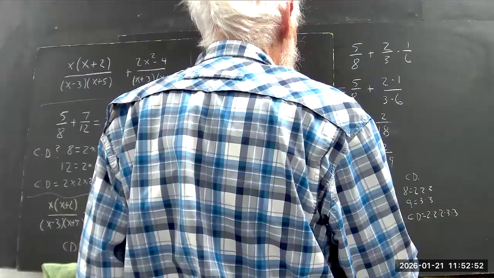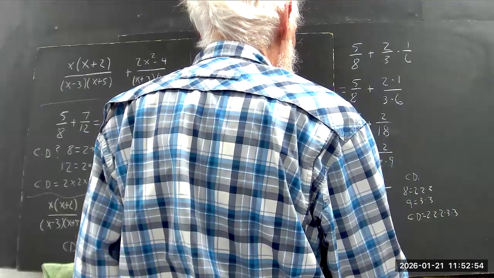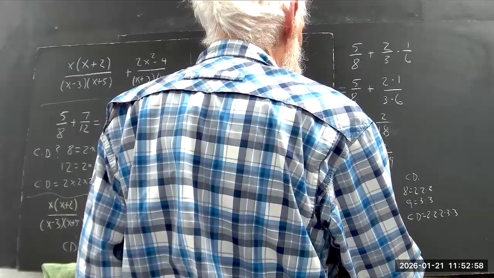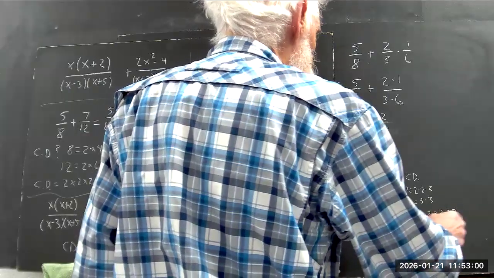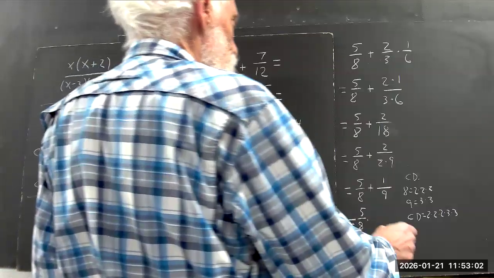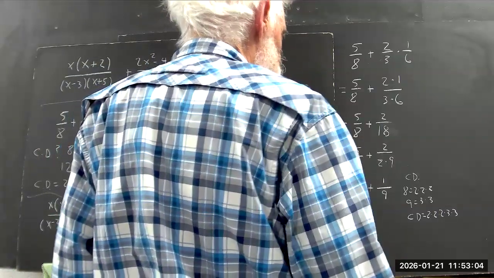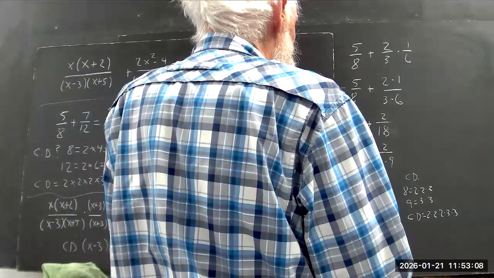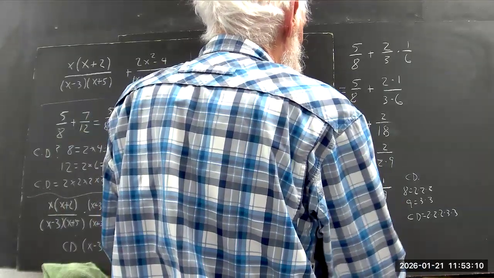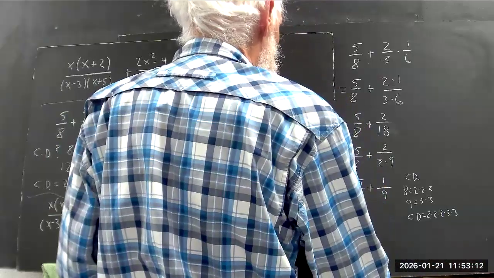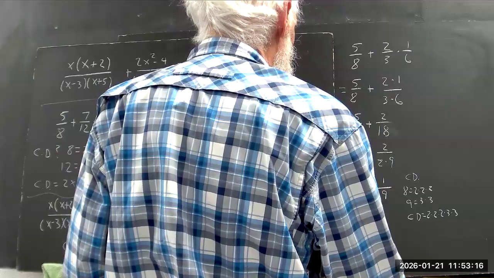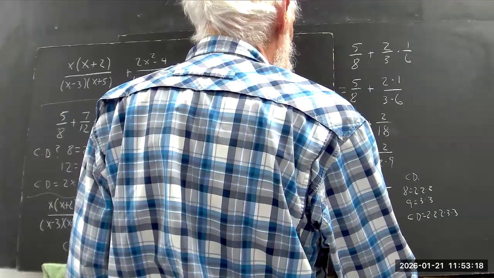So that's 5/8 times, what do you need to get this common denominator? 8 is, I'm going a little too far with this, but I'm going to do it anyway. Okay, here. I'm going to write 5/8 as 5 over 2 times 2 times 2.